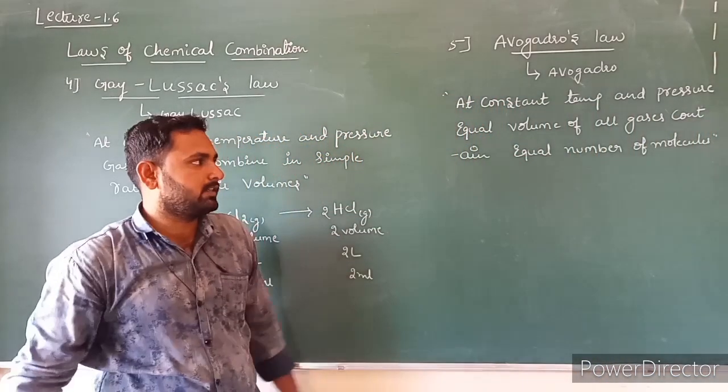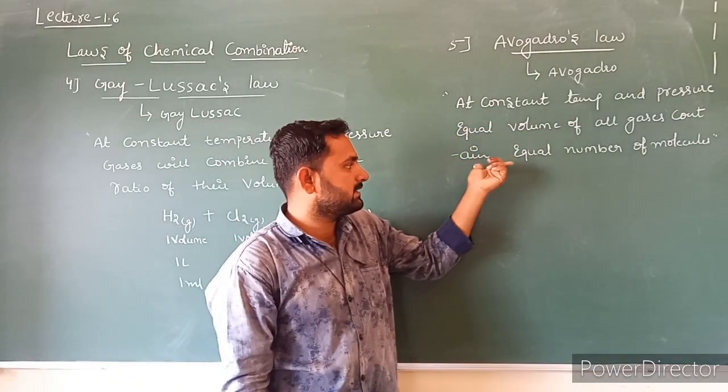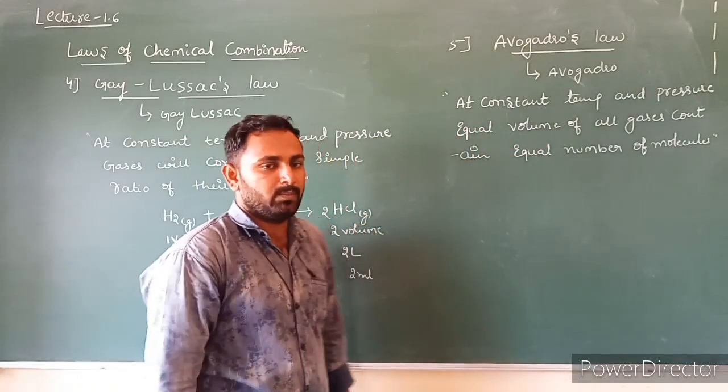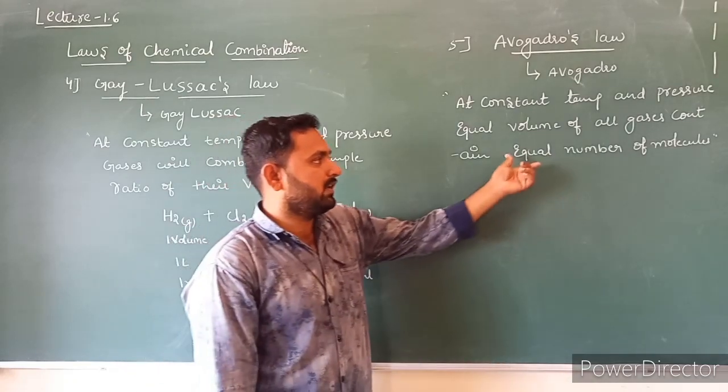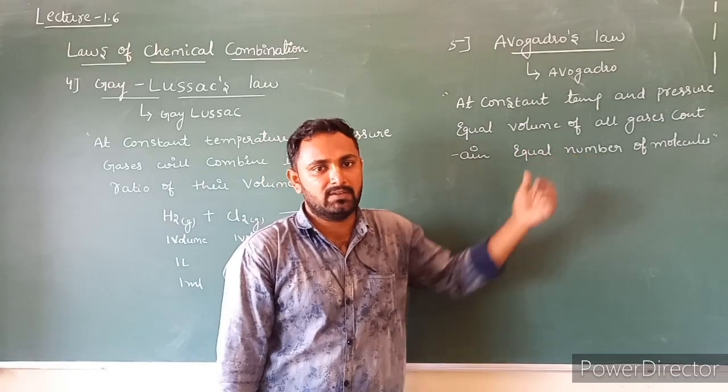This is Avogadro's law. At constant temperature and pressure, equal volume of all gases contain equal number of molecules. Means irrespective of gases, if volume is same, the number of molecules also same.